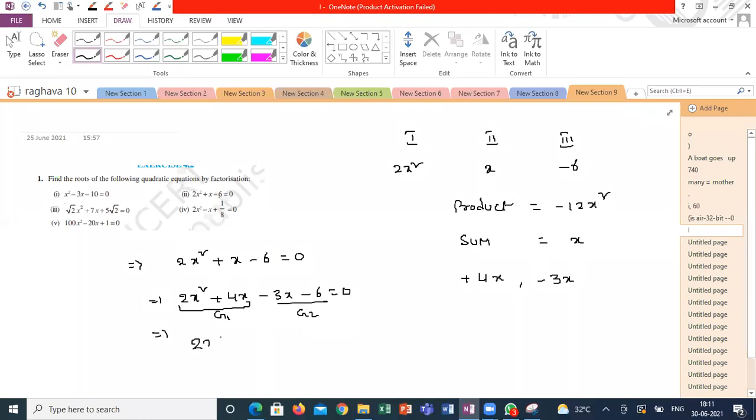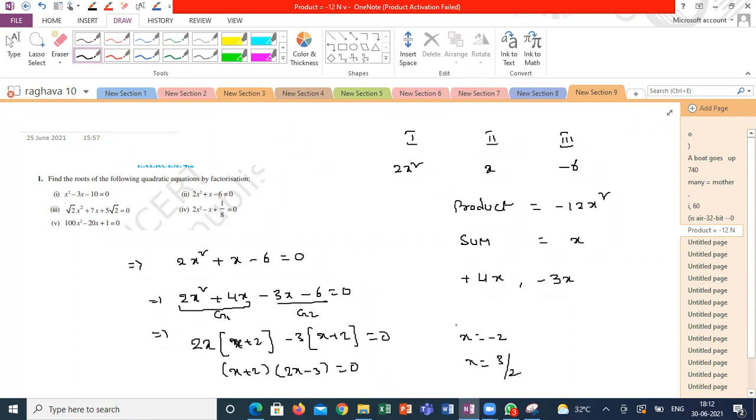If I am taking 2x common from group 1, x plus 2. If I am taking minus 3 common from group 2, I will get x plus 2. You have to take the common in such a way that both the groups get one more common term. So x plus 2 into 2x minus 3 is equal to 0. So from here, x is equal to minus 2 and x is equal to 3 by 2. So these are the solutions.